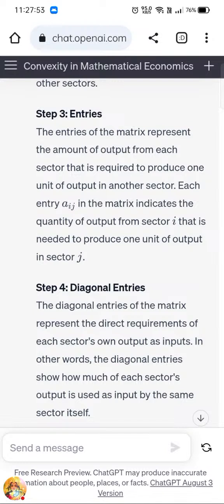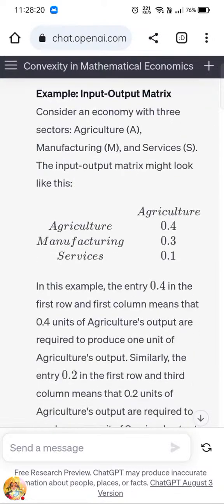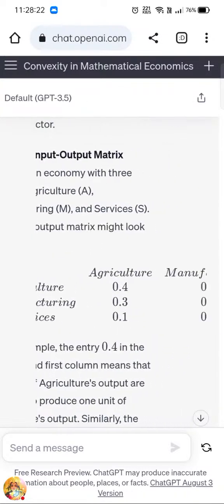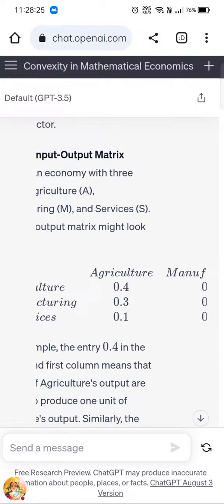Each entry a_ij in the matrix indicates the quantity of output from sector i that is needed to produce one unit of output in sector j. So j is the output sector and i is the input sector.